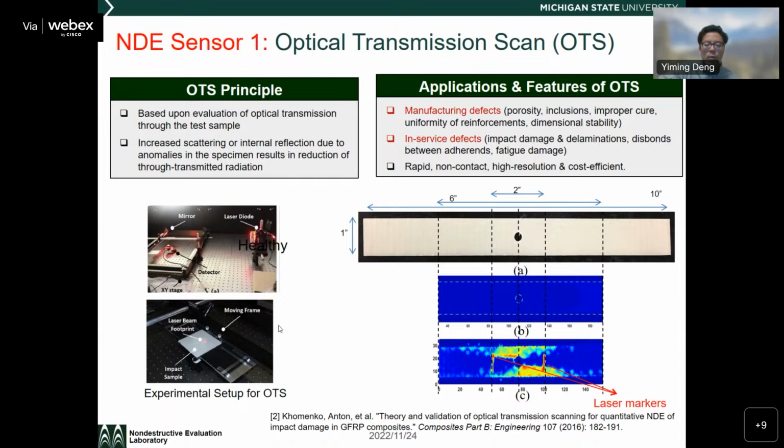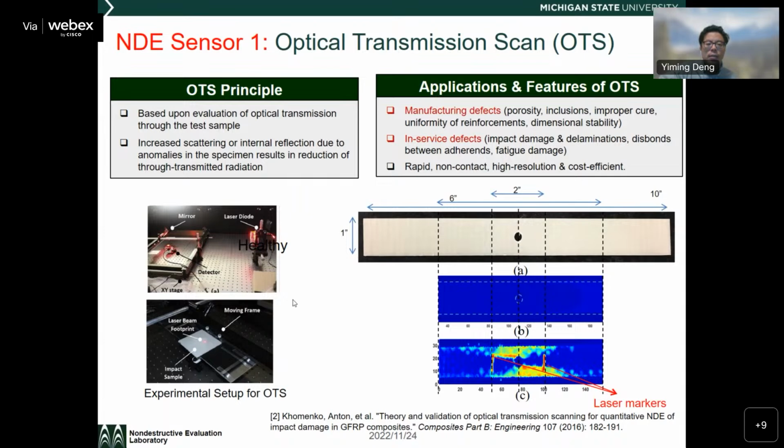For this GFRP damage growth problem, we start with OTS as I discussed yesterday. The sample is transparent for OTS.